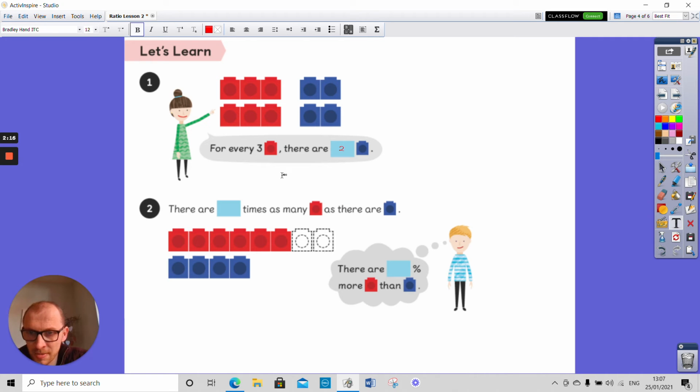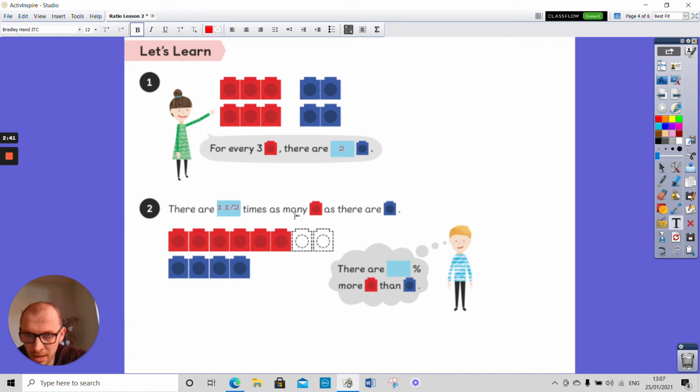So it says here, there are how many times as many red cubes as there are blue cubes. Okay, so you've got 1.5 because you've got a whole 4 and then another half of it.